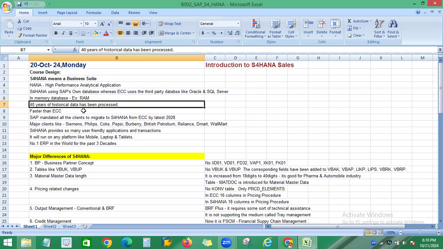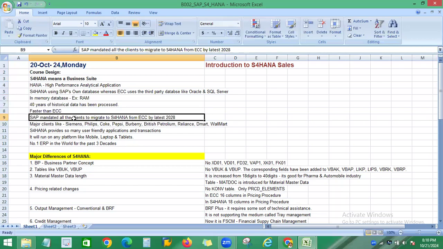Also, why is SAP S4 HANA important? In SAP there is a huge job opportunity. As per the recent update, SAP has recommended that all the major players should switch to S4 HANA by 2025, or at max by the end of 2028.